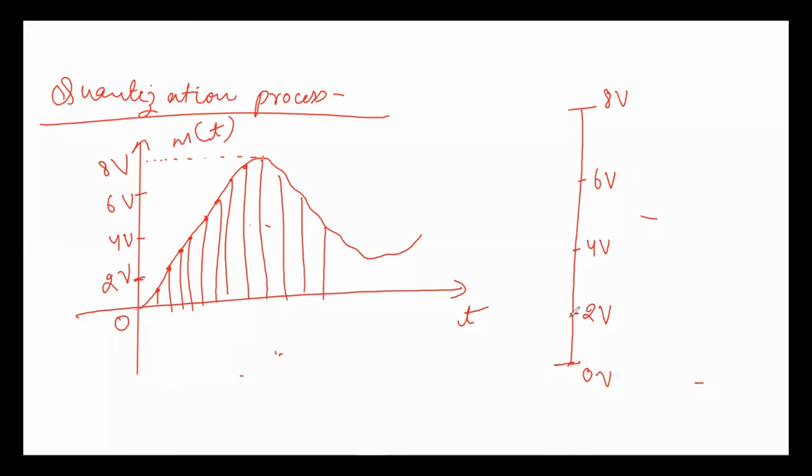The middle of 0 to 2 volt is 1 volt, then 3 volt, 5 volt and 7 volt. These values 1, 3, 5, 7 volt are my quantization voltages. Is that clear?